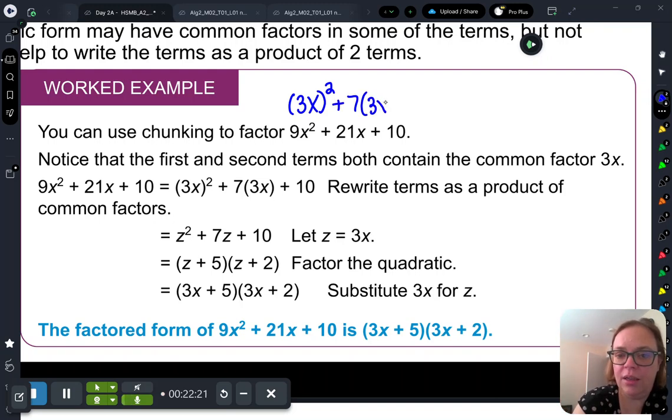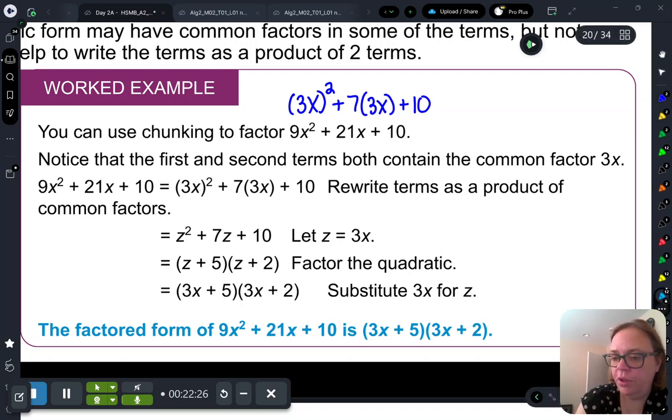So what they're doing is they're putting in this 3x. It's got to be the same thing for this to work. Okay, so there's the 3x and the 3x. Then they replaced the 3x with z. Just a letter, making it simpler.